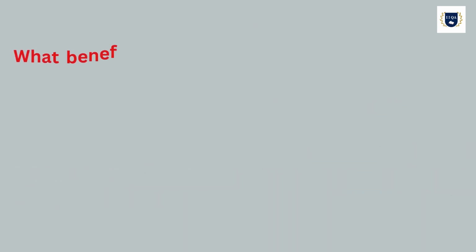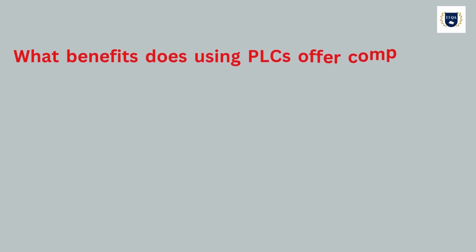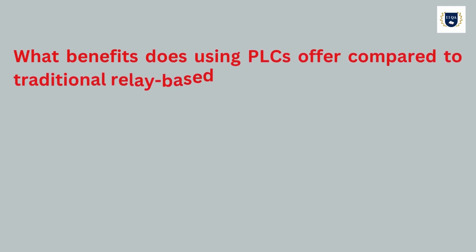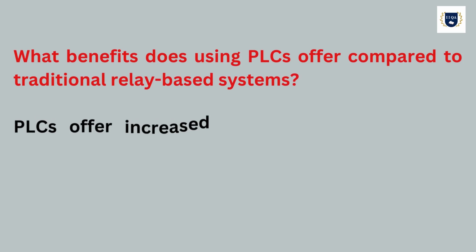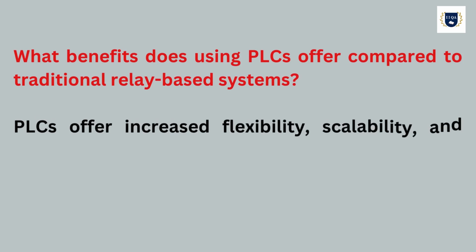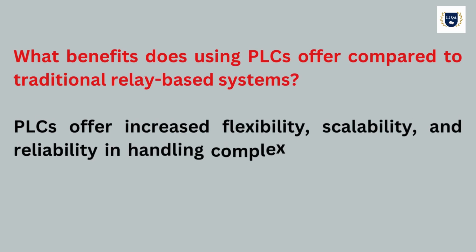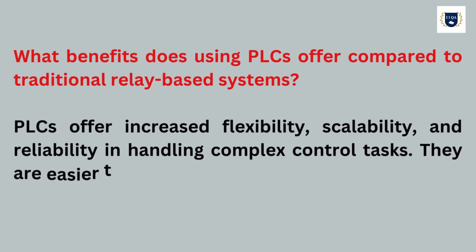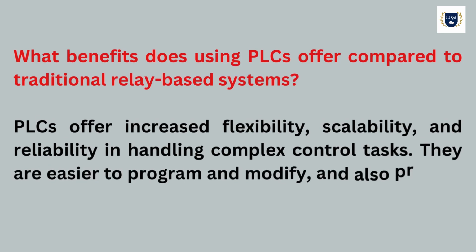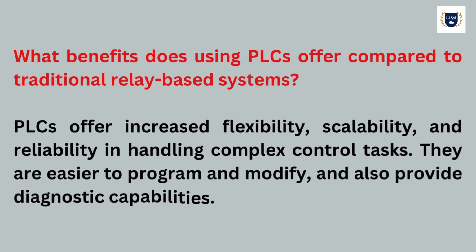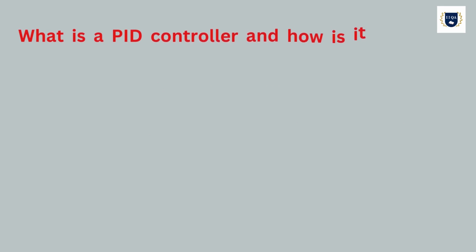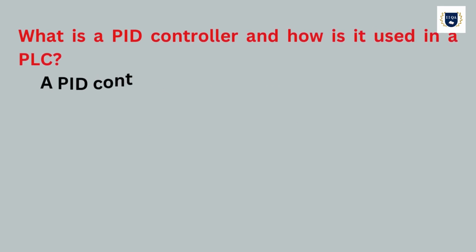What benefits does using PLCs offer compared to traditional relay-based systems? PLCs offer increased flexibility, scalability, and reliability in handling complex control tasks. They are easier to program and modify, and also provide diagnostic capabilities. What is a PID controller and how is it used in a PLC?